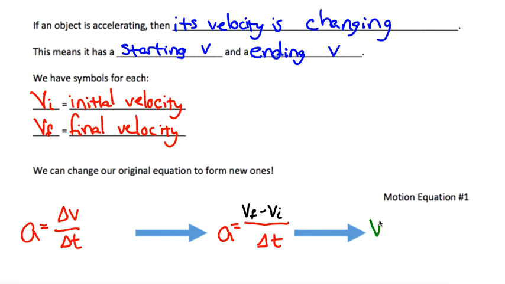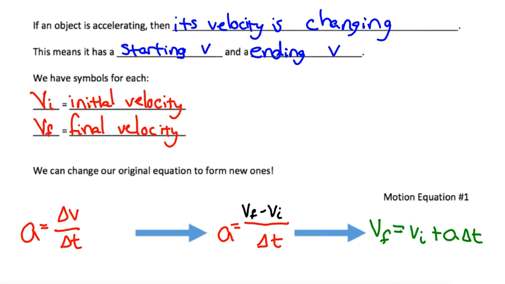If you do that correctly, what you'll end up with is velocity final is equal to velocity initial plus acceleration multiplied by time. This is known as motion equation number 1. So this is going to be on the board along with our original acceleration equation during your test.